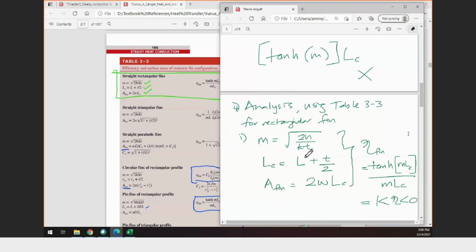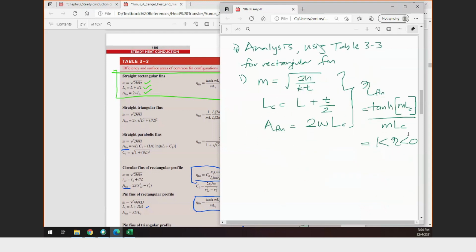Next, when you finish the fin efficiency, then you can calculate the heat transfer. You know that the actual Q fin equals the fin efficiency from the first answer times Q fin maximum.